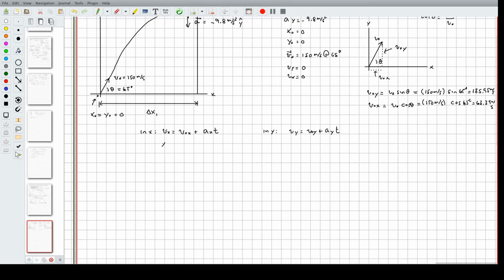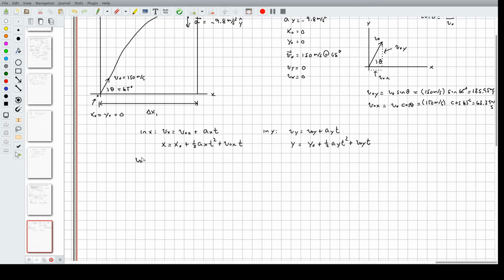This would be x is equal to x naught plus 1/2 ax times t squared plus v naught x times t. This is y is equal to y naught plus 1/2 ay times t squared plus v naught y times t.